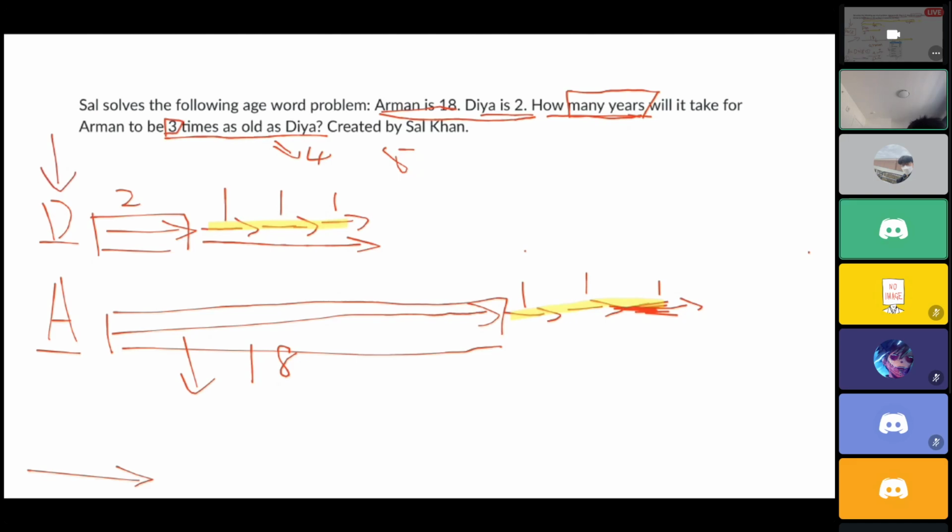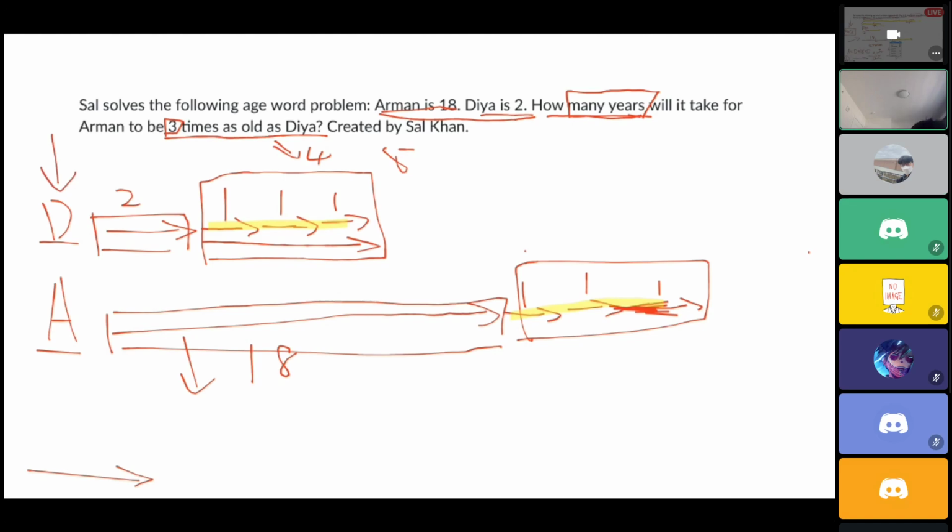What part is changing when time is progressing? The addition part, right? The addition part is changing. Also, what did we previously discover about the addition part? When you divide it, it gets smaller.